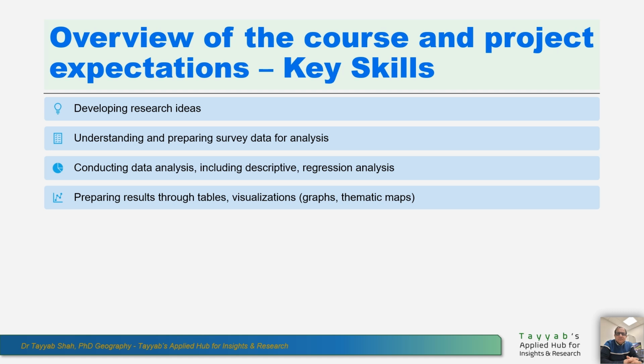So preparing the results through tables and visualizations, and you will also learn how to make bar graphs and box plots. And in some cases, if you have nice regional or geographical data, then we will see how we can use thematic maps to visualize prevalence or regression outcomes in a mapping format.